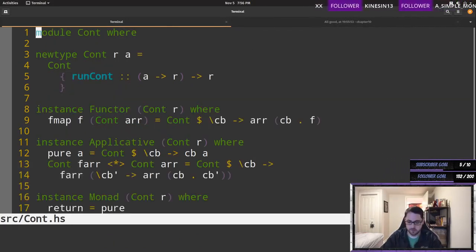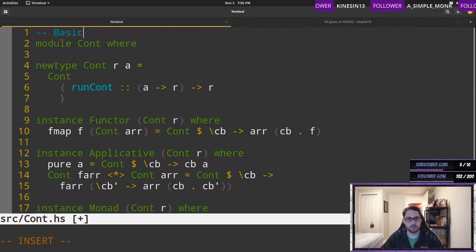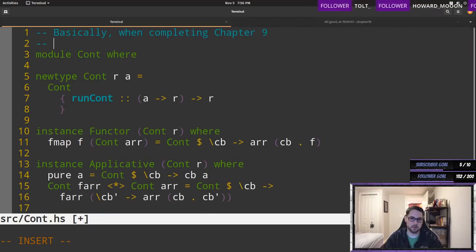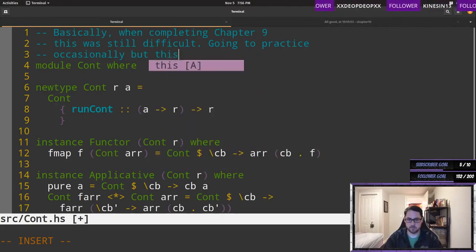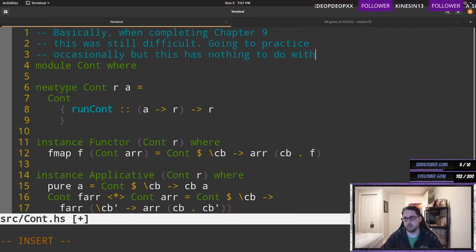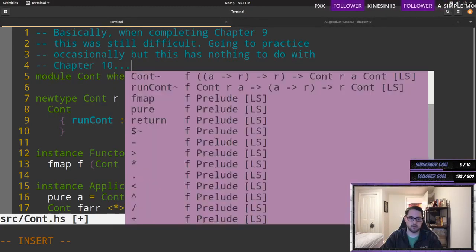Okay, and then I just need to put a note at the top of this. Basically, completing chapter 9. This was still difficult. Going to practice occasionally. This has to do with 10.